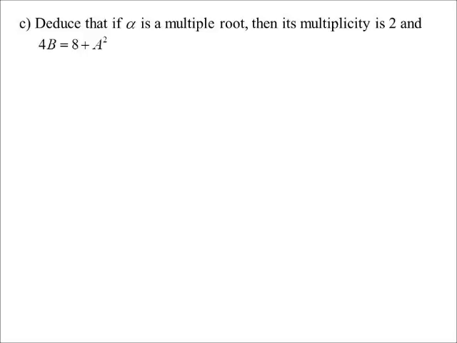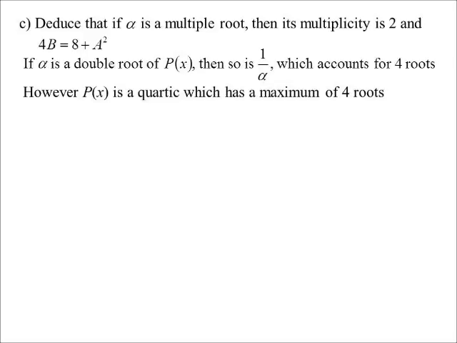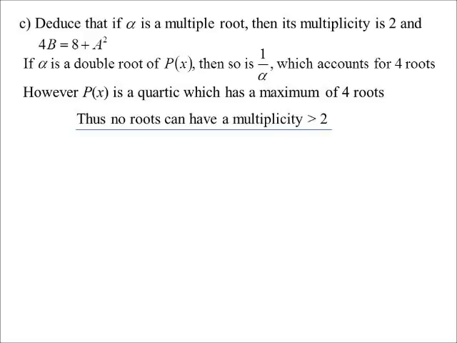So alpha must appear more than once. If alpha appears twice, 1 on alpha must appear twice. That gives me how many roots? 4. It's a quartic, so I can't have more than 4. Therefore the only possibility is that its multiplicity is 2. Thus, no root could have a multiplicity of greater than 2.